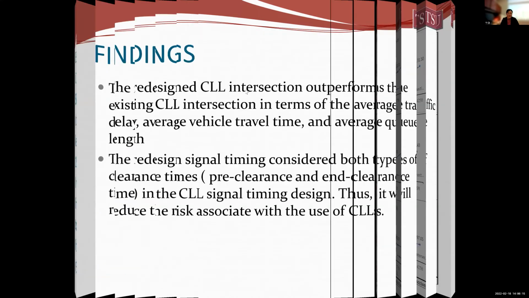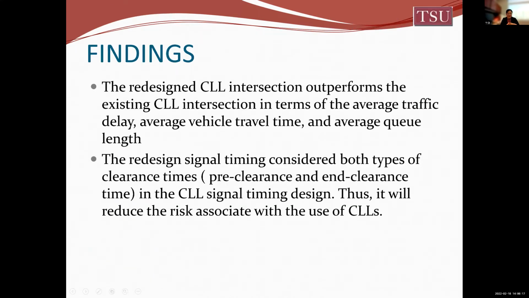Okay, so here are the findings from this case study. After we redesigned the intersection signal timing and the CLL length using the method we proposed, the average travel delay, the travel time, and the queue length were reduced. So these are very good results. Another thing we want to point out is the signal timing we propose.